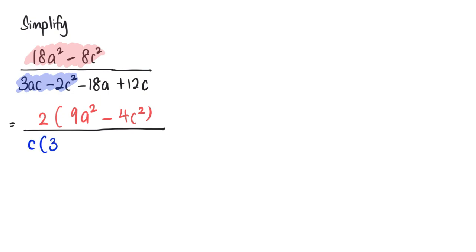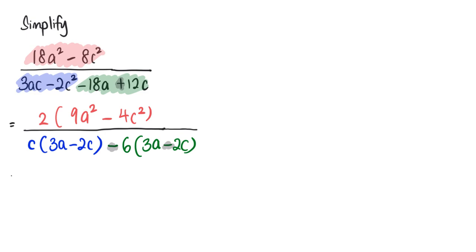I will have 3a minus 2c and this one I would have a minus 6, 3a minus 2c as well, because do take note, negative times positive does give me back my positive. Okay.